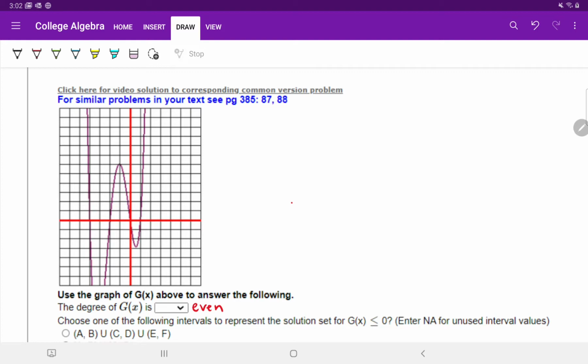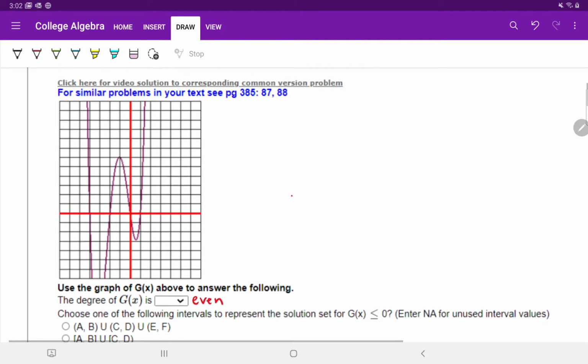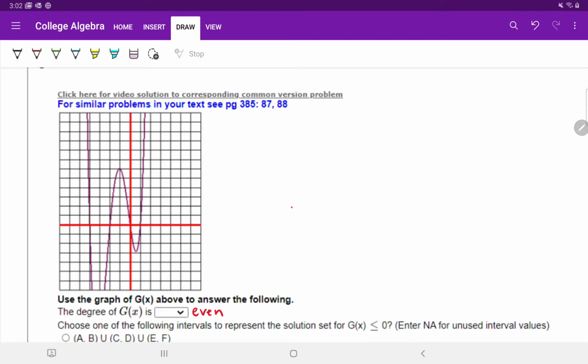Now let's actually get into the inequality part of this problem. We are trying to find the intervals. Note these are x intervals that represent the solution set for g of x is less than or equal to 0.